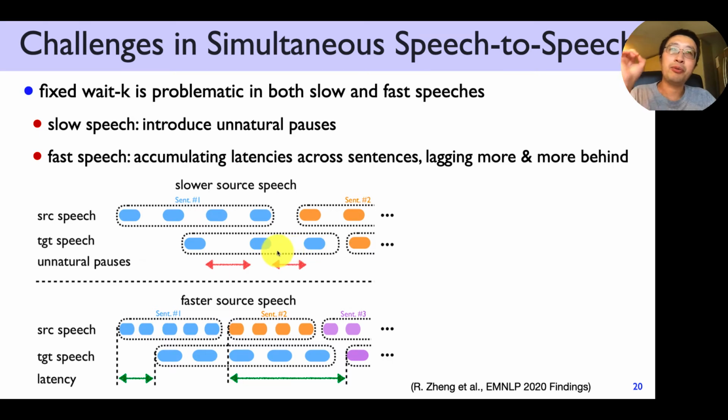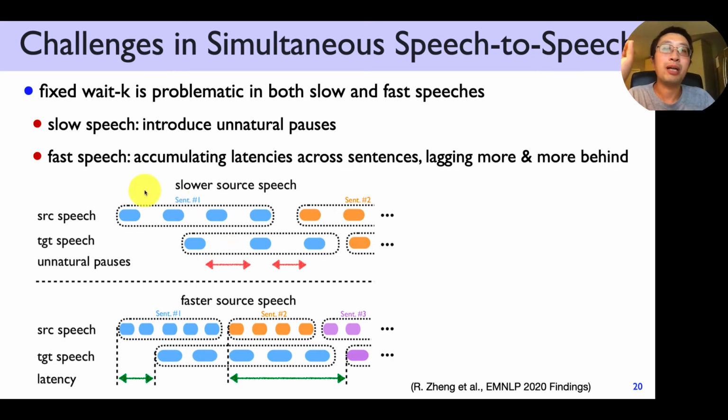This is because if you think of the target being synchronized with the source, then the source speech would control the pauses, the prosody, and the intonation of the target speech, which is not necessarily the best thing to do, right? Because English prosody is very different from Chinese prosody. Where English speech has a pause doesn't mean that the corresponding position should have a pause on the Chinese side. It totally doesn't make sense, right?